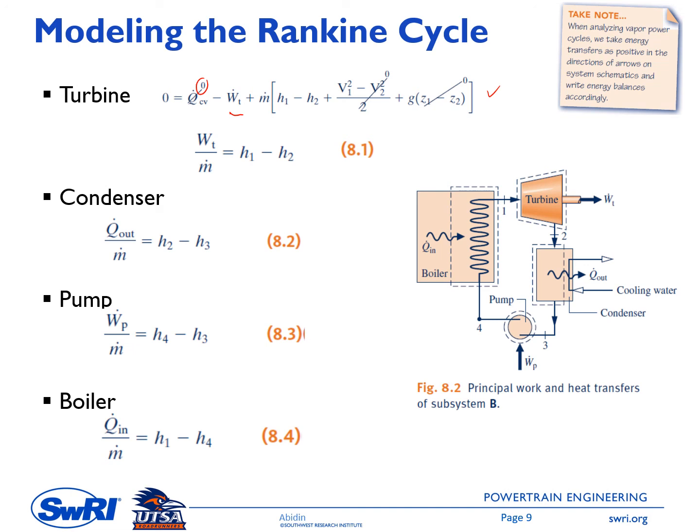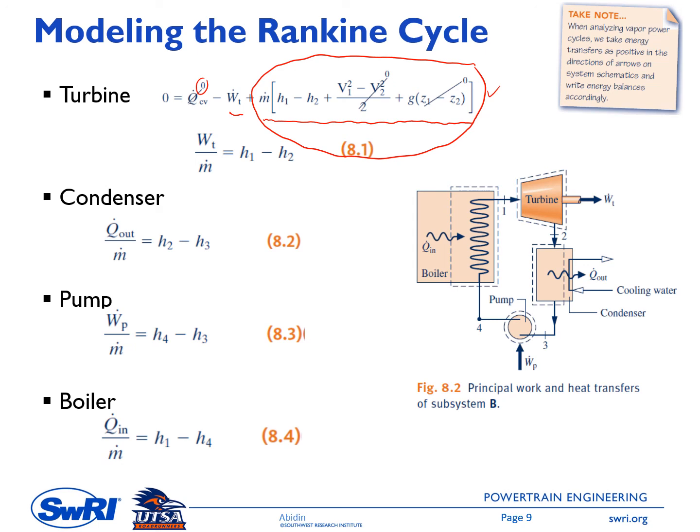And then WT here is the power generated by the turbine. The flow energy following the mass flow is represented by this term. The flow energy in is the enthalpy plus the kinetic energy plus the potential energy, and the energy flowing out of the turbine is the same thing: enthalpy plus kinetic energy plus potential energy.